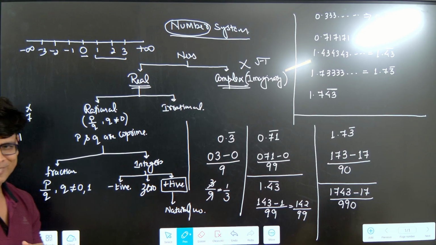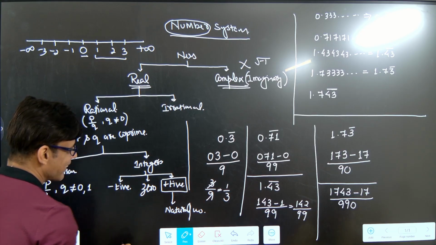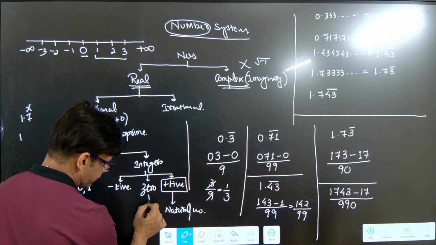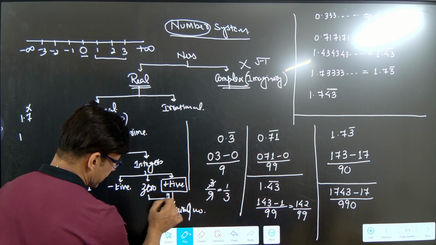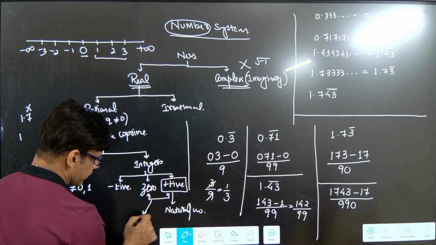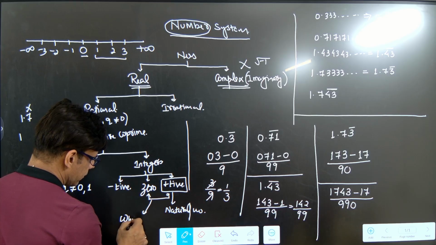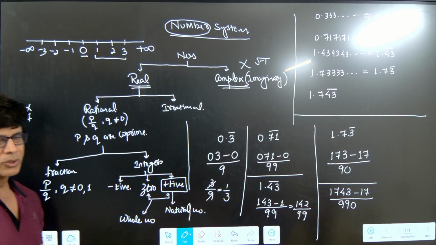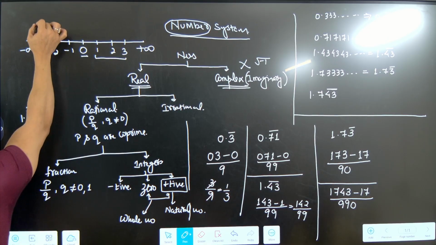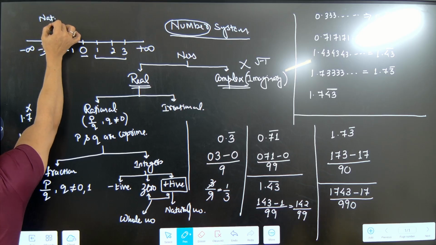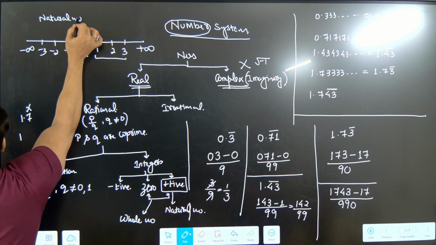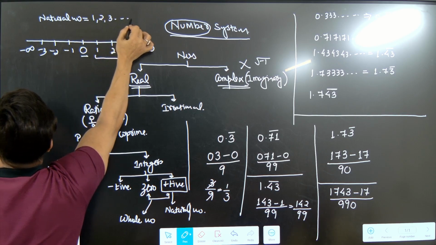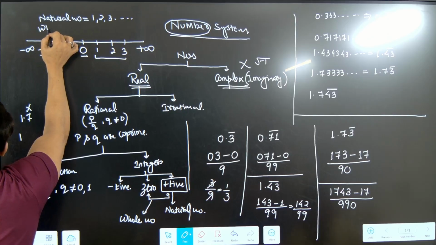Now together with 0 and positive integers, it's called whole numbers. So natural numbers are 1, 2, 3, and whole numbers start from 0.